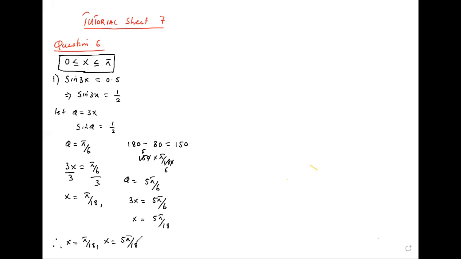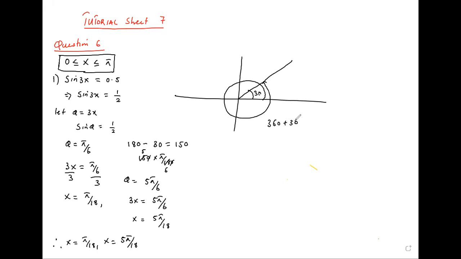We still have some other values of x that will fall within 0 and pi. So what do we do? Remember, the quadrant is here. We are dealing with 30. If you start from here again, you go around, there's an angle that gives us the same half in the first quadrant. And that angle is 360 plus 30, which is 390. Now 390 is theta, but theta is 3x. So 3x is 390.